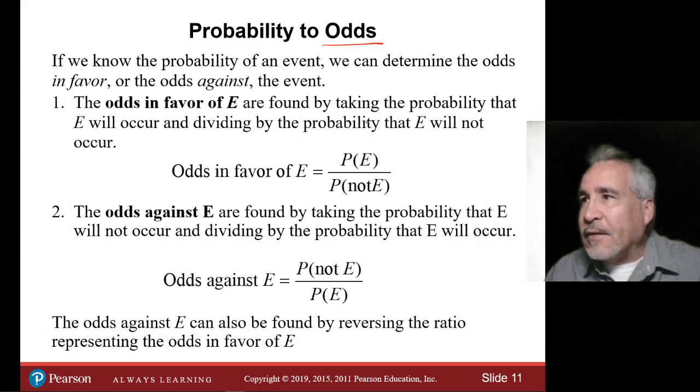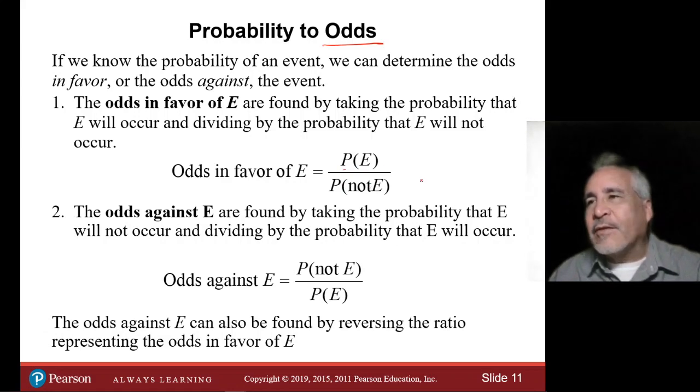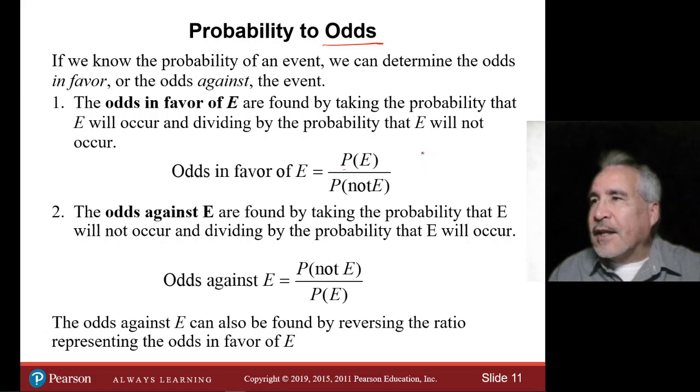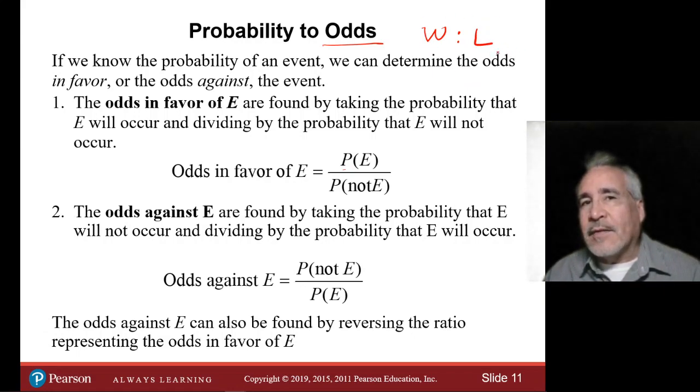So the odds in favor, notice it's not totals, it's the probability. When I think of odds, I want to think of sports, you either win or you lose. Sometimes you tie, but it's usually presented as wins versus losses. And if you total the wins and losses together, you get the total number of games.